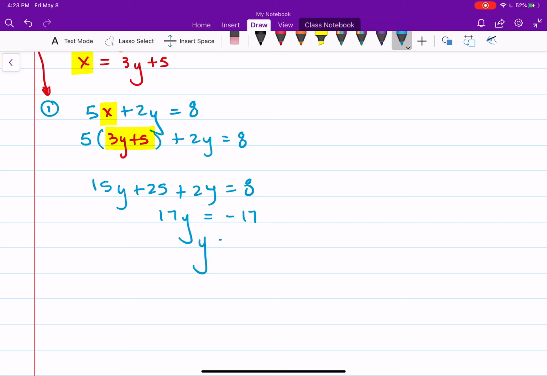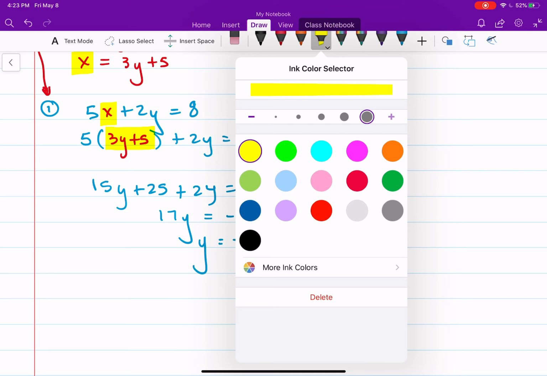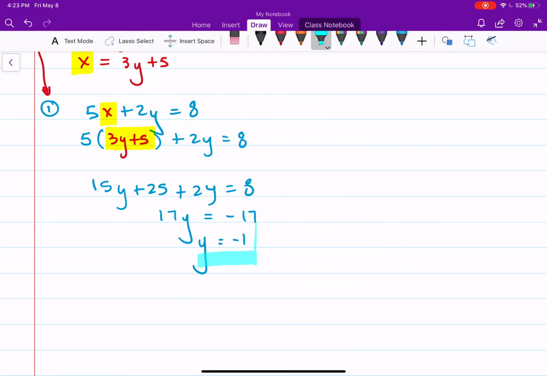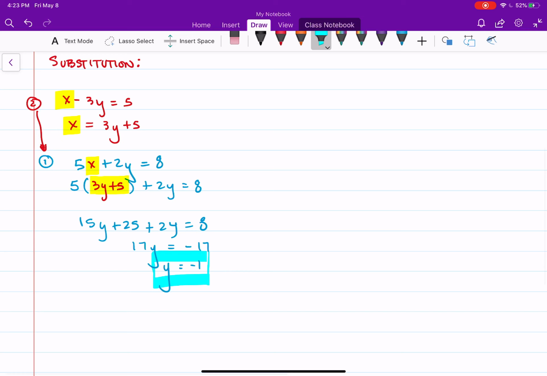So my y is equal to negative 1. Okay? So I want to hold on to this for dear life. I want to keep this near me. All right, so now what you want to do is you've got to figure out.